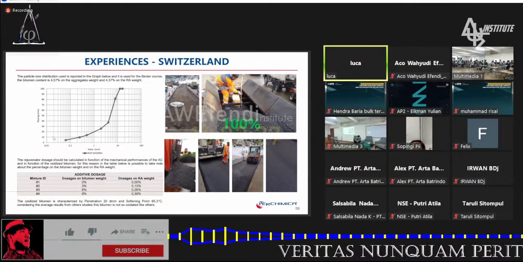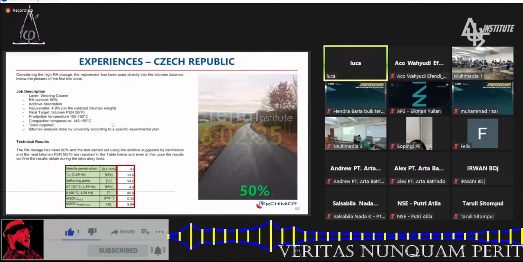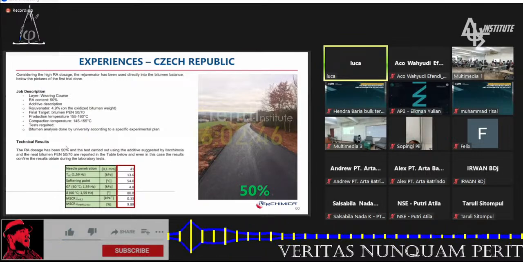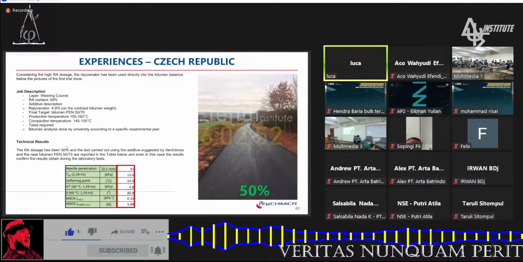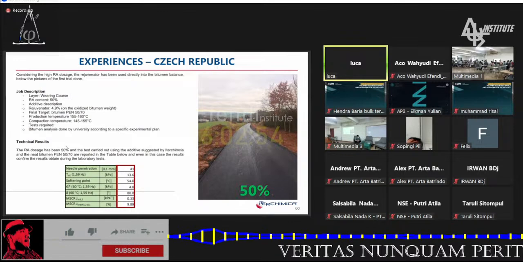We have done laboratory tests in terms of curve, properties of the bitumen, and properties of the mixes. In Brno, after the analysis done in the university, they chose our products for the trial section. We used 50% of RAP, and they have done all the tests, as I showed you before in example number 2, about the different parameters that they have to restore, and then they carried out tests even after production.